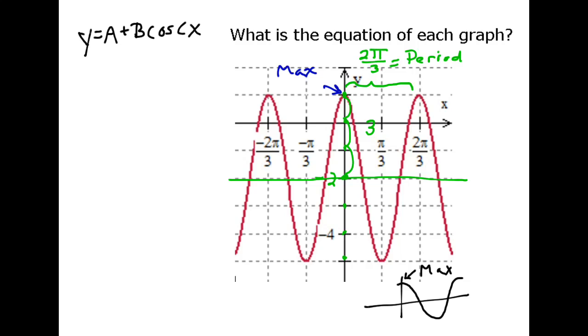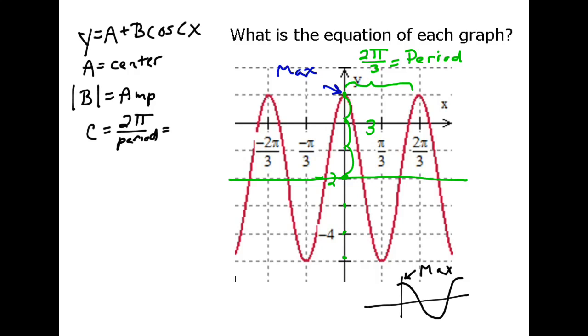So the a is the center line, the b is the amplitude, the absolute value of b is the amplitude, but here b is positive. C is figured out by taking 2 pi and dividing by the period on the graph.